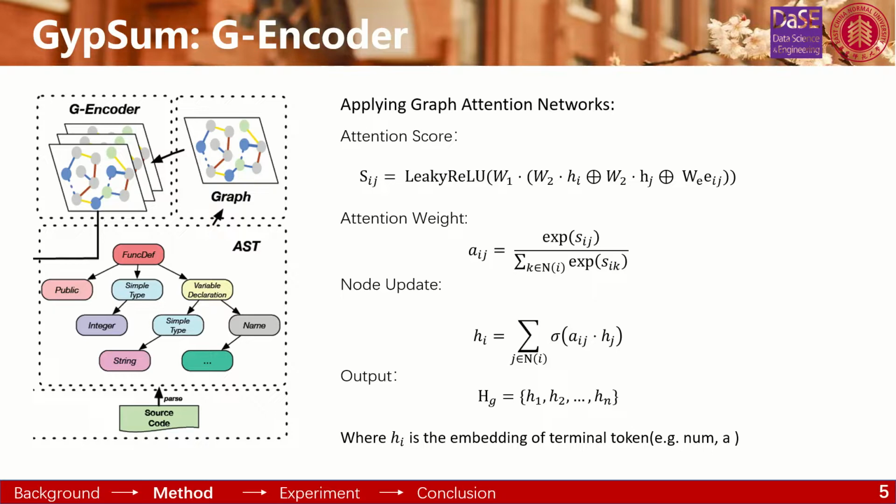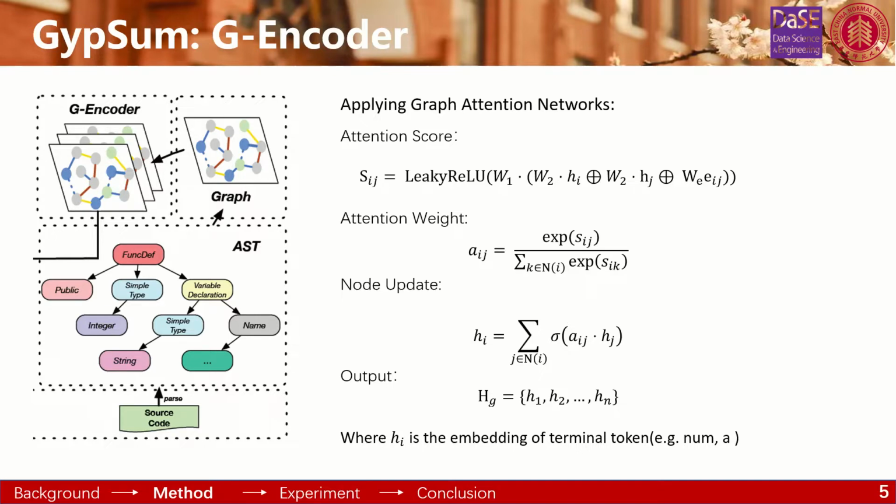The update of graph nodes is divided into 3 steps. First, for adjacent nodes i and j, we use the first formula to calculate their attention score, where h_i and h_j are the hidden states of them in the upper layer. e_ij is the hidden state of their edge. Finally, we use the LeakyReLU function to activate.